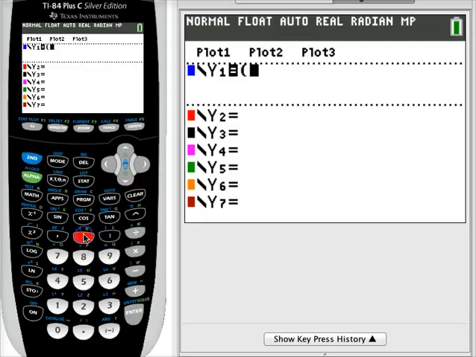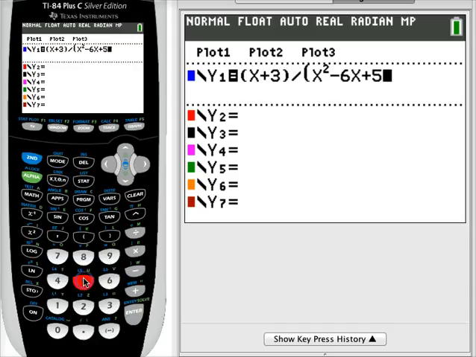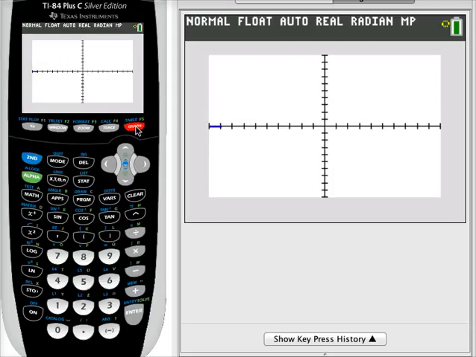Again, being careful, I need parentheses around the top, so x plus 3 divided by, and then parentheses around the bottom, x squared minus 6x plus 5. Now I'm going to graph it to see the general shape.